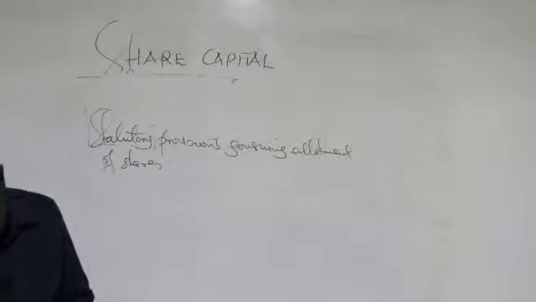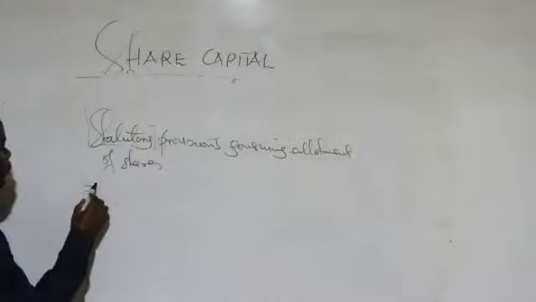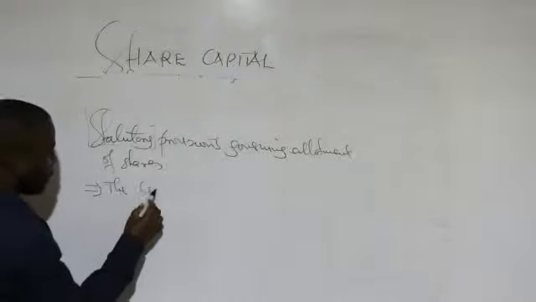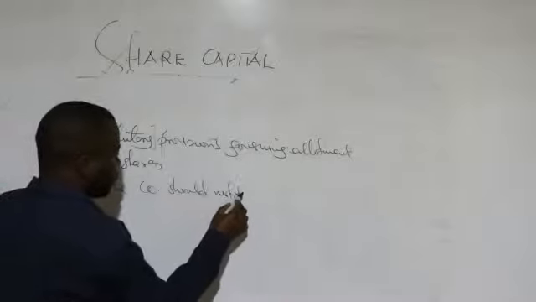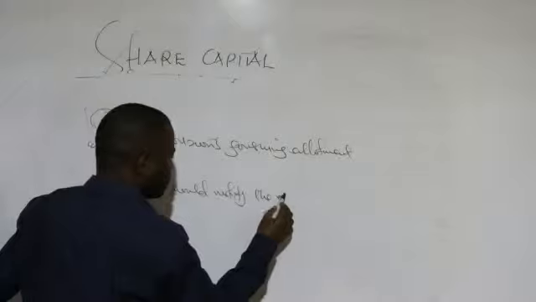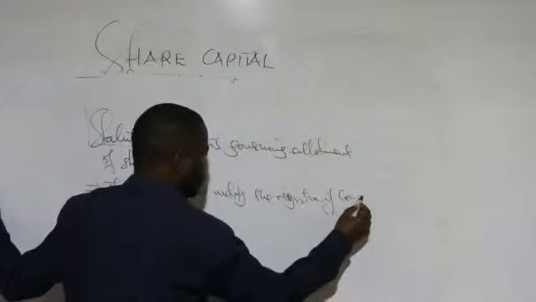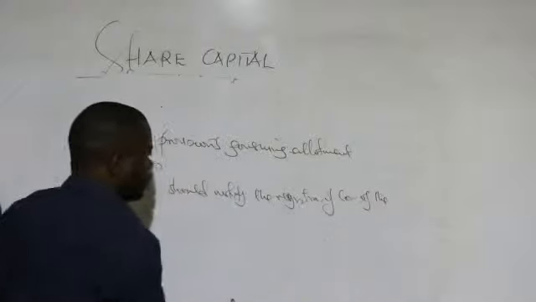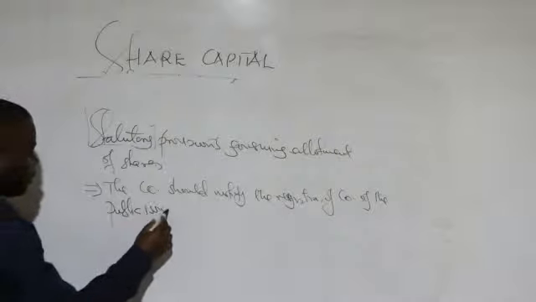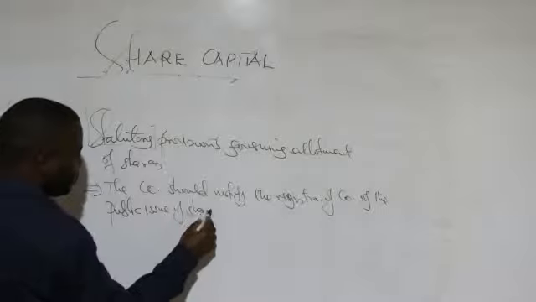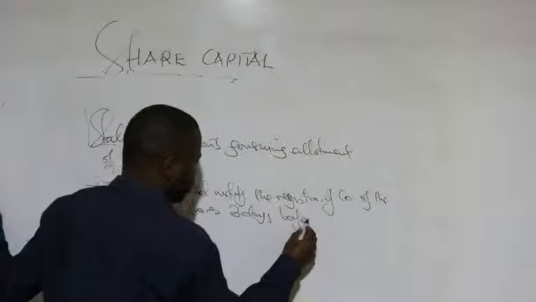The company should notify the registrar of companies of the public offer, or the public issue of shares, 3 days before the allotment.